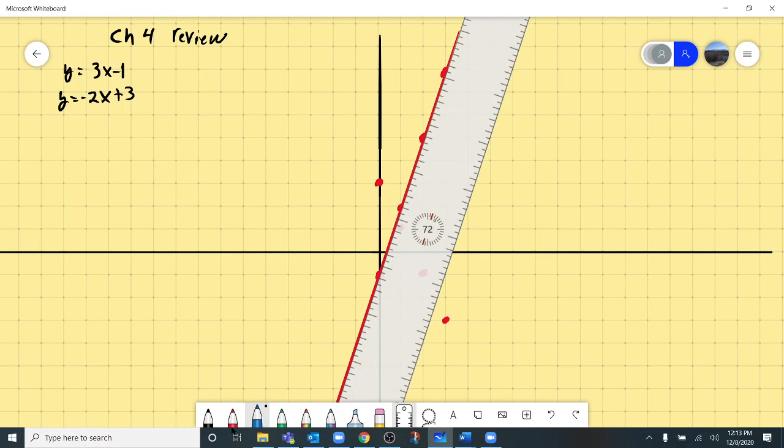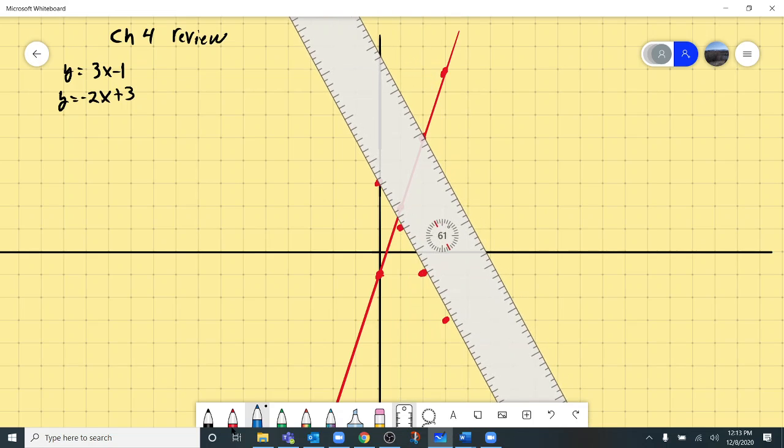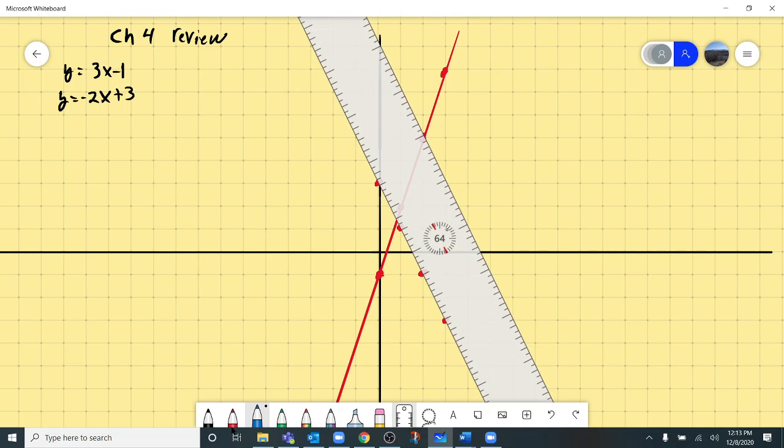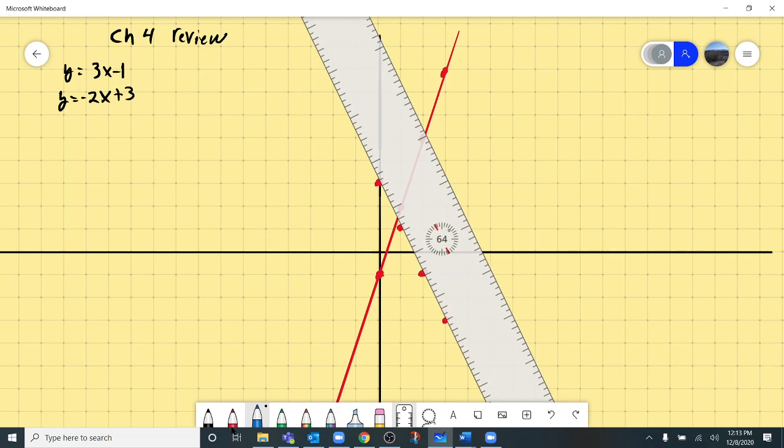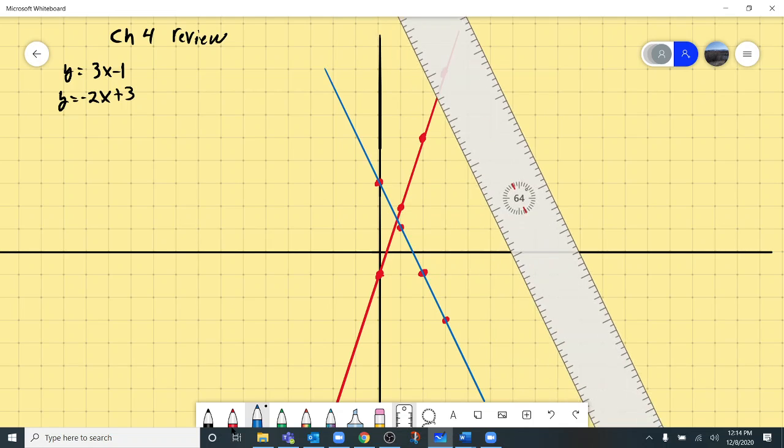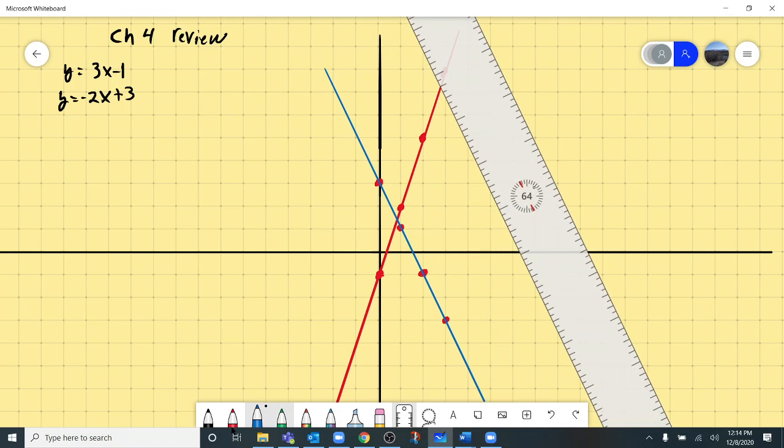Use a different color for line 2. Okay, and draw that in. And where my 2 lines cross is my point where it's true for both. So if I put my point right there, this is where we would have what you would call an approximate solution.